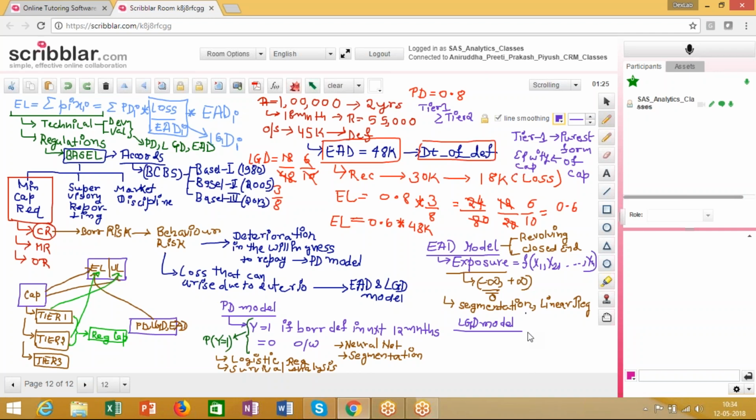So what is LGD, or what is loss given default? Talking about loss given default models.